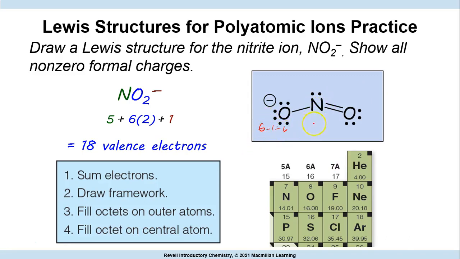Here for nitrogen, nitrogen has 5 valence electrons, minus number of bonds 3, minus unshared electrons 2. So that gives us 0. So for this minus 1, this is 0. For this other oxygen atom, oxygen has 6 valence electrons, minus number of bonds, which is 2, minus unshared electrons 4. That is 0. So you have to show the non-zero, and this is the only one that is non-zero.